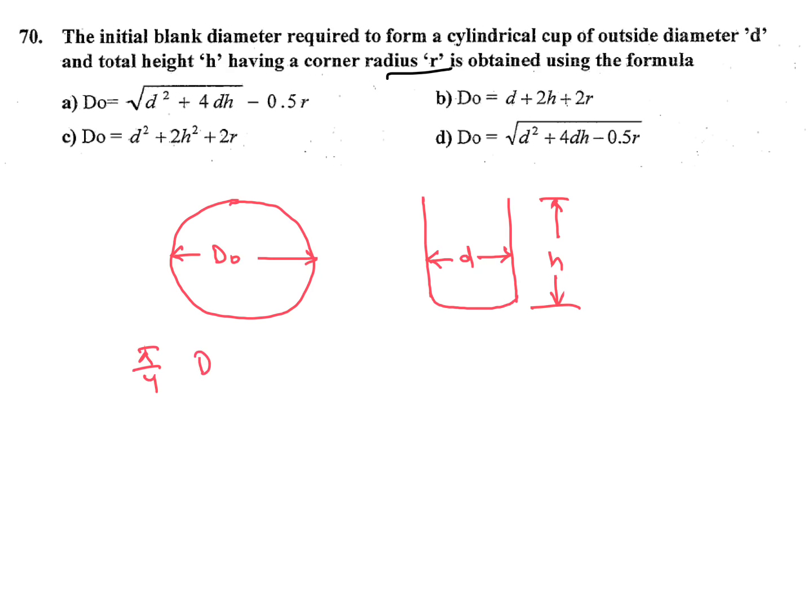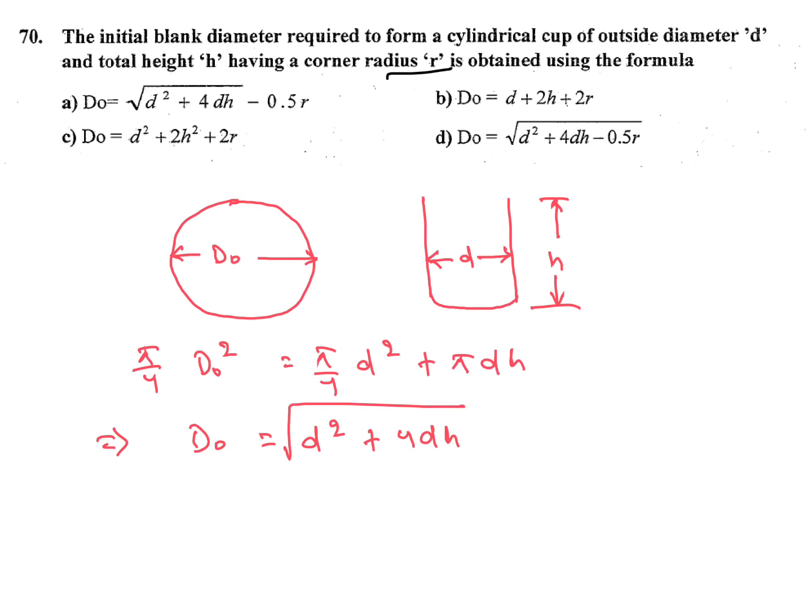We know pi by 4 D square equals pi by 4 small d square plus pi d h. If you calculate, D_u equals root over d square plus 4 d h, this one we will get.